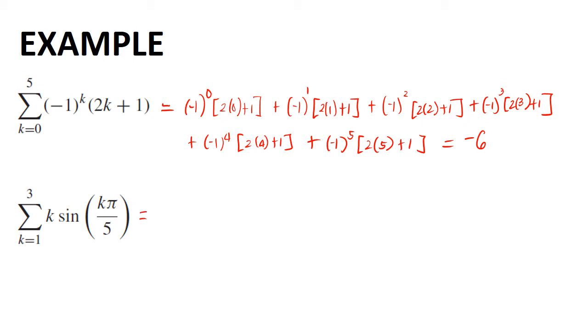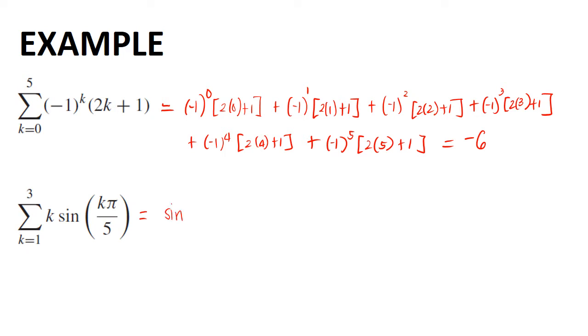Fifth example, so summation of k sine of k pi over 5, from k equals 1 to 3. So we get, first, when k equals 1, syempre hindi na natin ilalagay yung 1.